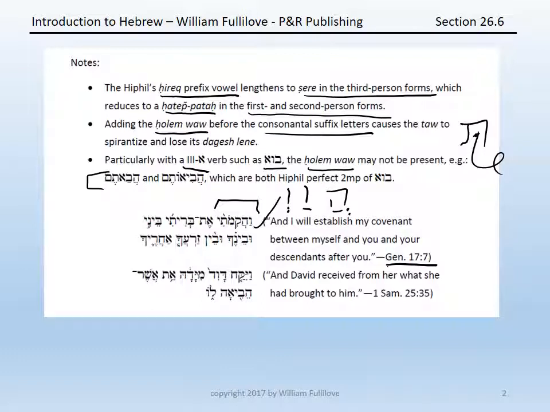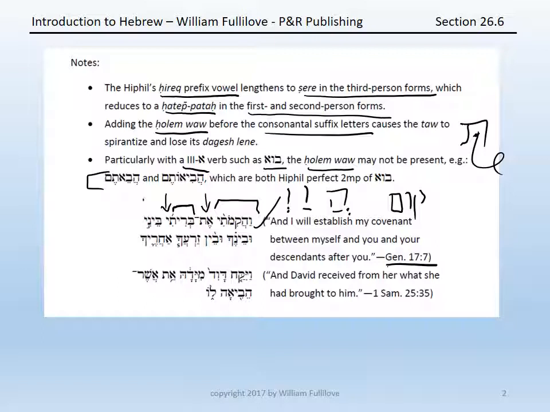But this is from a string of converted perfects. It is a Hiphil converted perfect, first common singular of the hollow root qum. I will make stand, or I will establish, definite direct object marker, then berit, covenant, plus the possessive suffix, first common singular, my covenant. I will make stand my covenant, or better, I will establish my covenant.